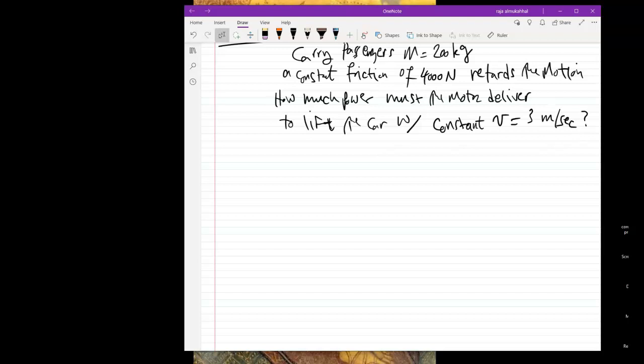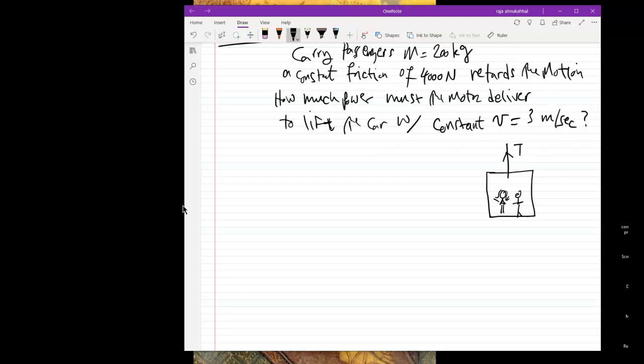Well, again, the best thing to do always, picture the problem. So I'm going to draw my FBD. Here are the 2 passengers. There we go. And here is the elevator cable.